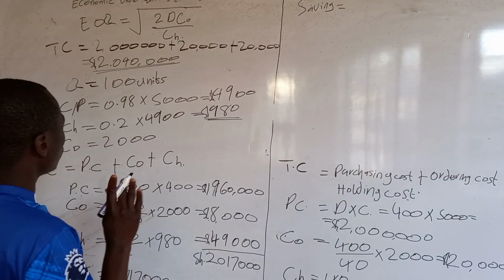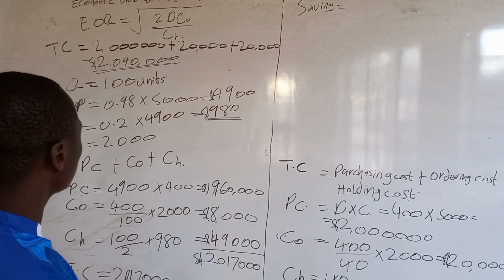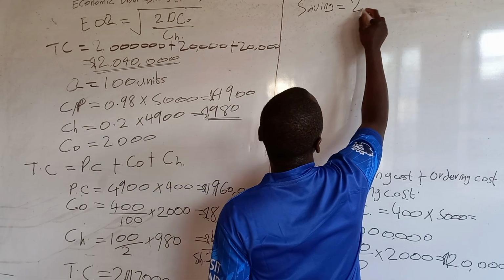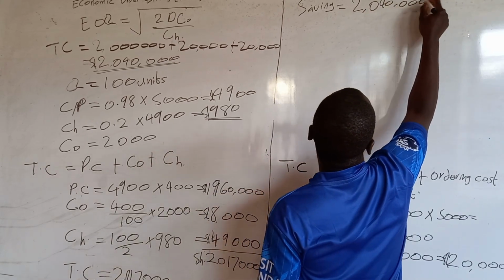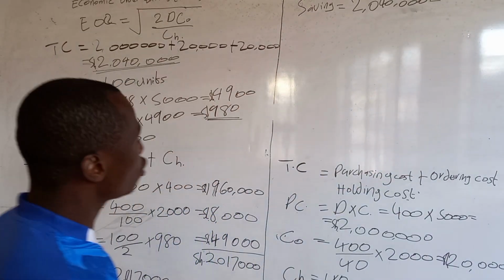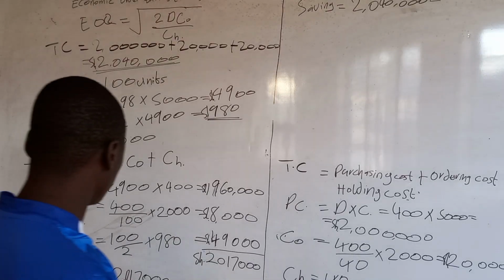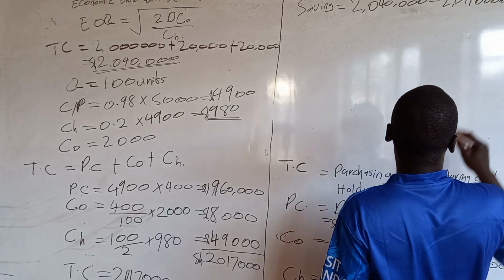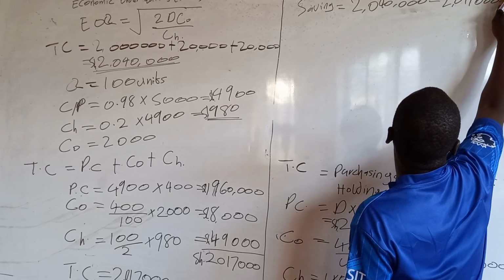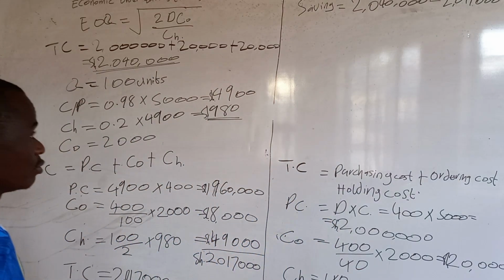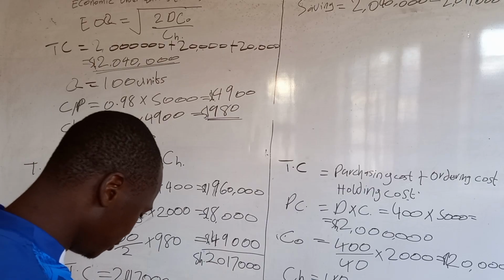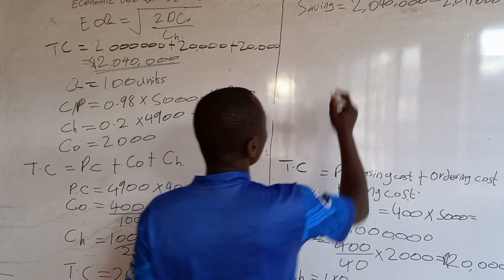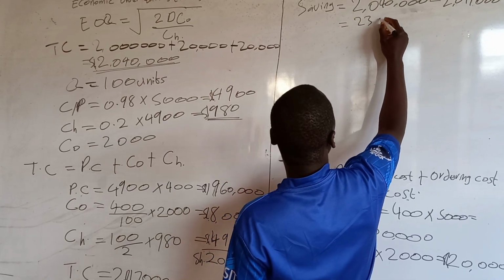Saving will be the amount we would have used if we had not taken the discount, and that was 2,040,000, minus our total cost when we take the discount, 2,017,000. 2,040,000 minus 2,017,000 gives us a saving of 23,000.